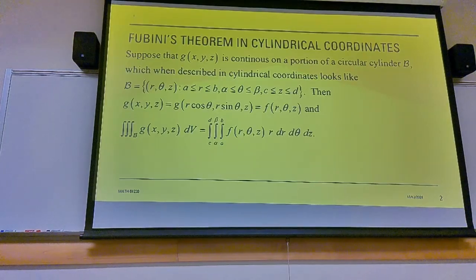Then g of x, y, z is g of r cosine theta, r sine theta, z. Remember your conversions in cylindrical coordinates. Define that as some function f of r, theta, z.